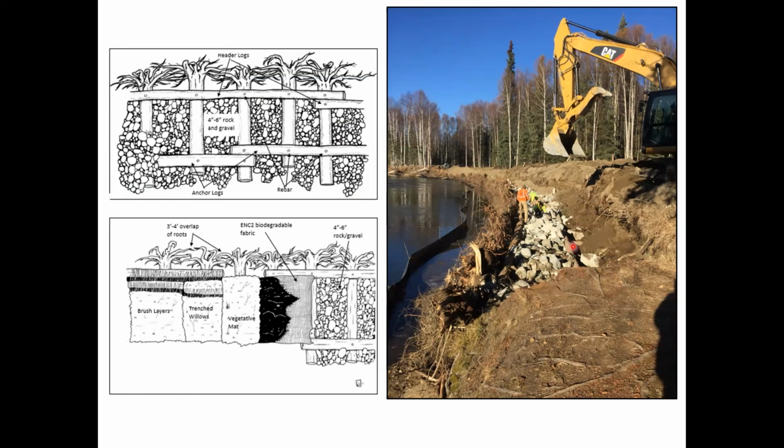This log right here is actually called the anchor log, which you can see up here. So this is just a top-down view and a header log. And then this drawing just kind of shows from a cribbing to your fine biodegradable mesh, soil, and then the different types of revegetation you could put on top.